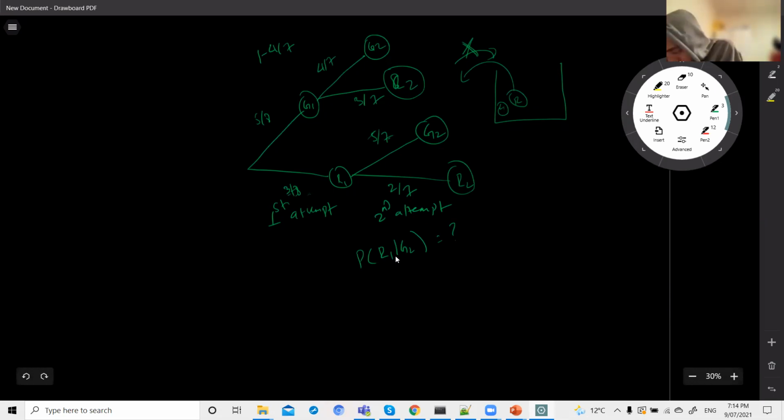The probability of R1 intersection G2 is this times this: 3/8 times 5/7.